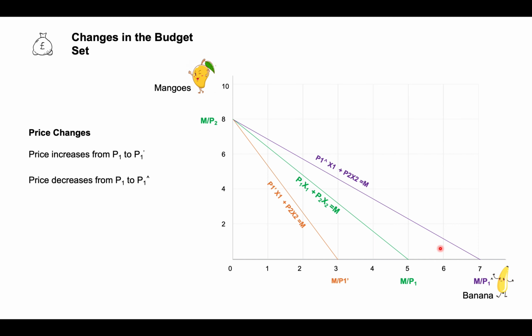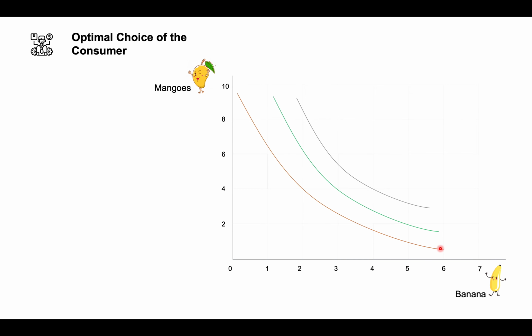It is very simple. Now, optimal choice of the consumer. See, when we were discussing the features of the indifference curve, what we discussed is that a higher indifference curve has higher utility. Which means this curve has higher utility, and the other curves have less utility.